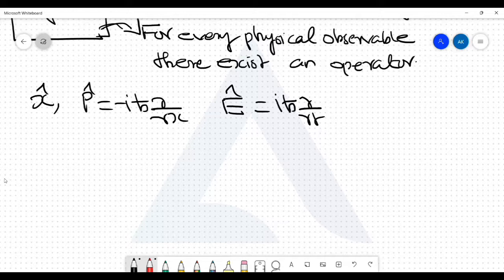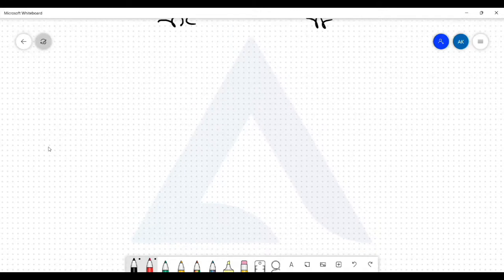Okay. So in this session, we will deal with a new algebra called commutator algebra. This is a very important and special set of operators in quantum mechanics.